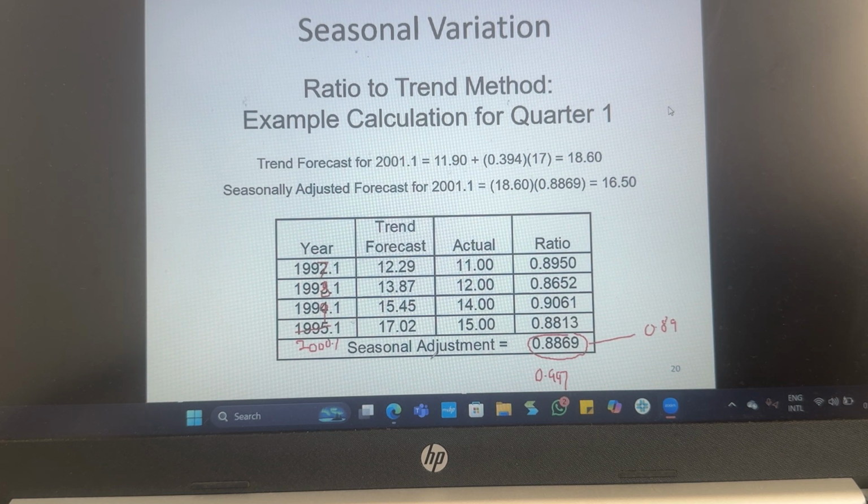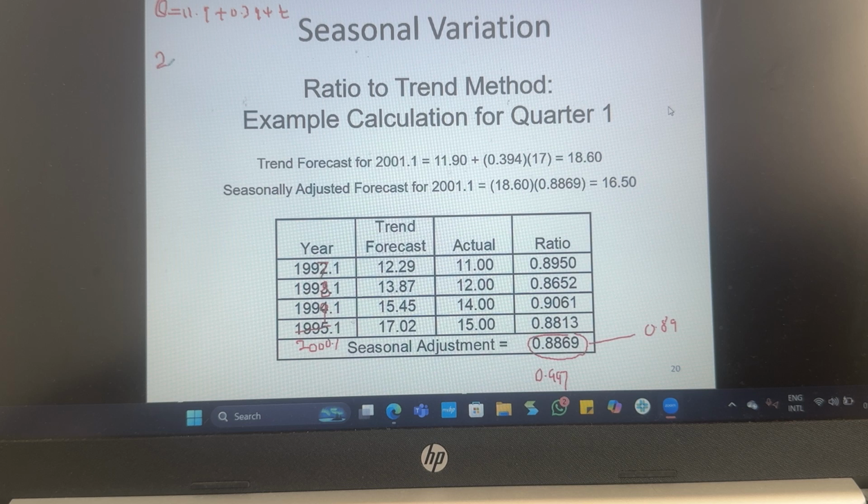Now suppose that we need to forecast 2001 first quarter. So this is our equation: Q equals 11.9 plus 0.394 T. Right?